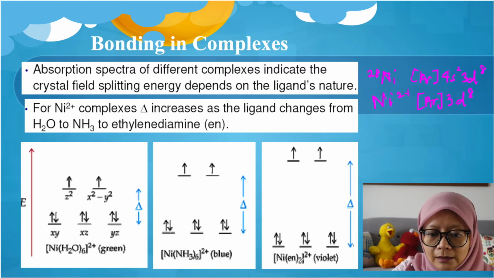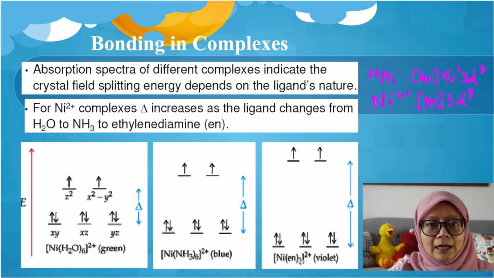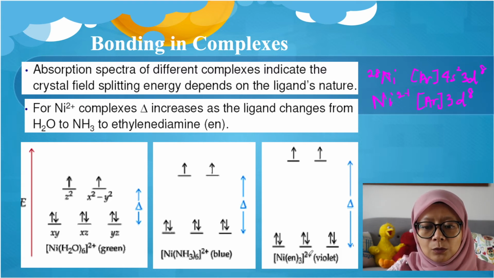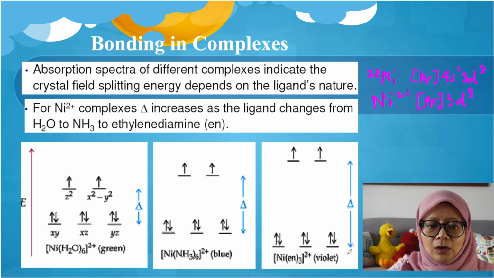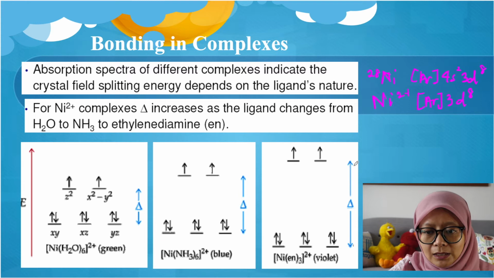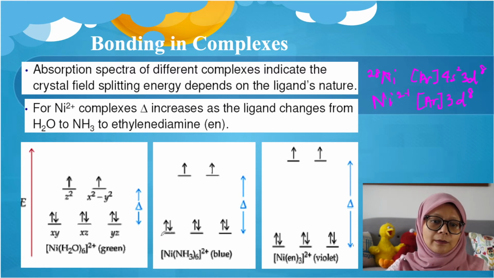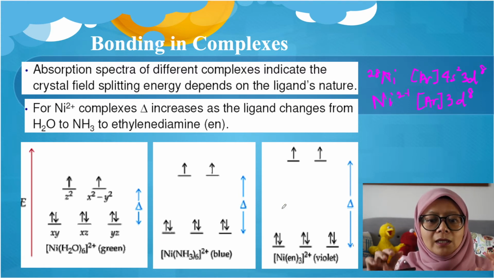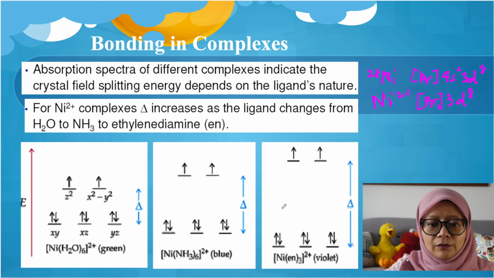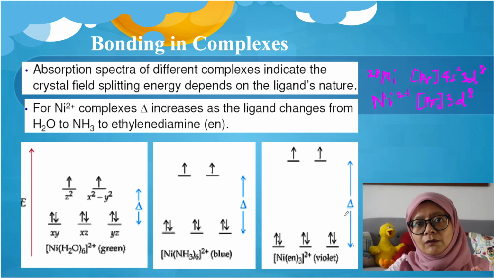So this is the tris(ethylenediamine)nickel(II) complex ion, which appears as violet because this nickel has larger differences between the t2g and also eg. So these three, you can differentiate the colors because of the presence of their ligands.